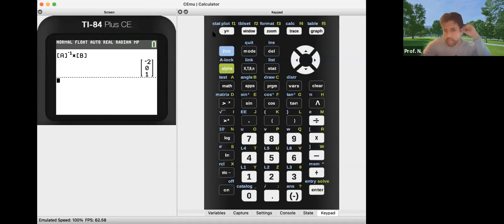Where do we get the B vector from? Let me go back.